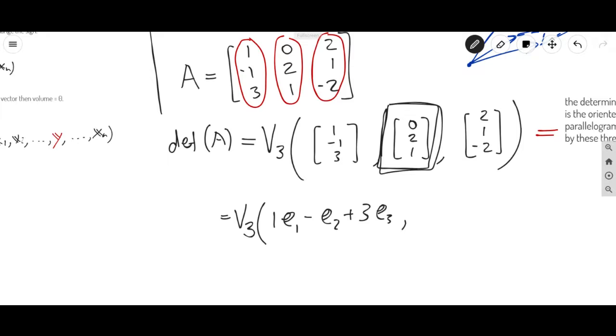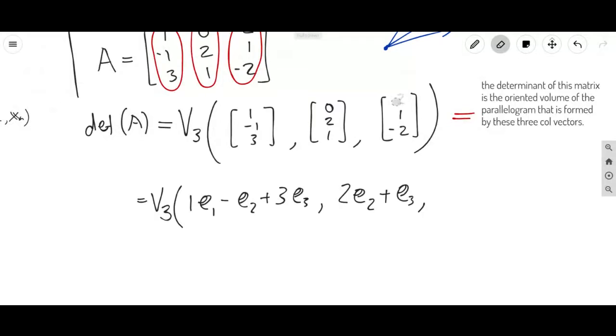You notice there is no e1 component, so you would just have 2e2 plus e3. And then the third vector in the volume calculation would be right over here. We write that one in terms of the standard basis vectors, so this is 2e1 plus e2 minus 2e3.